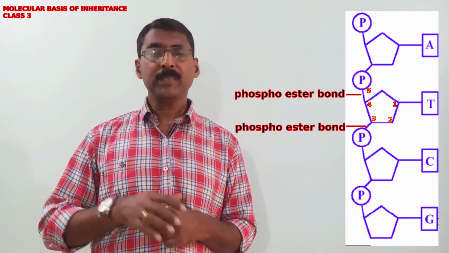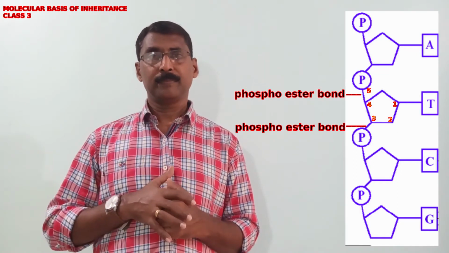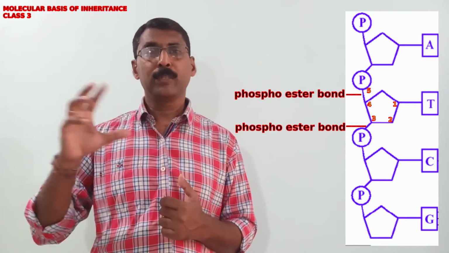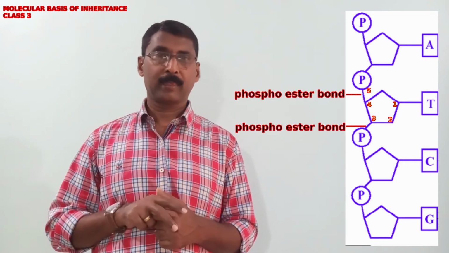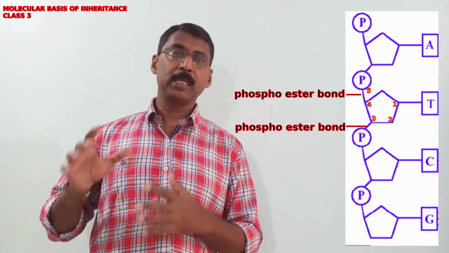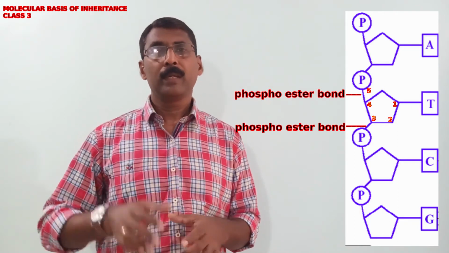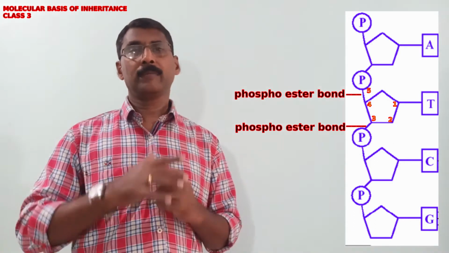So actually, this is the phosphate group that connects the two nucleotides together by means of two phosphoester bonds. So the phosphate group is the connecting link between the two nucleotides, as you can see in the diagram here.